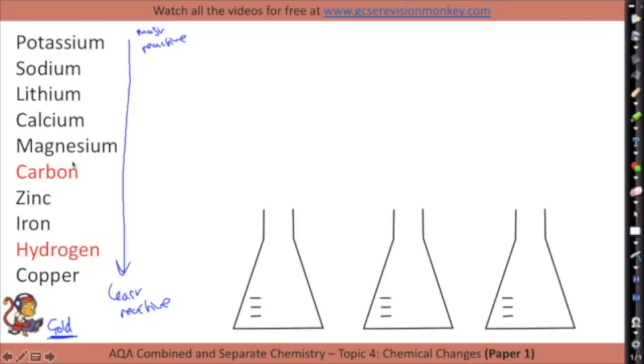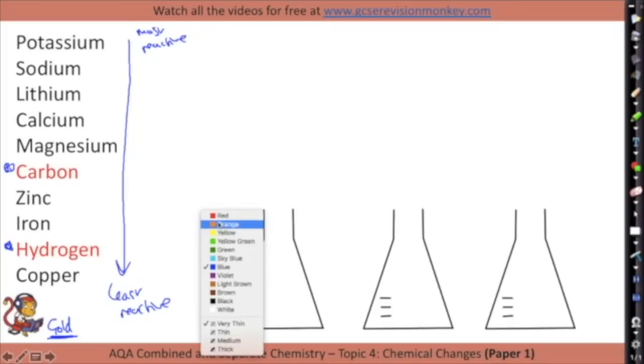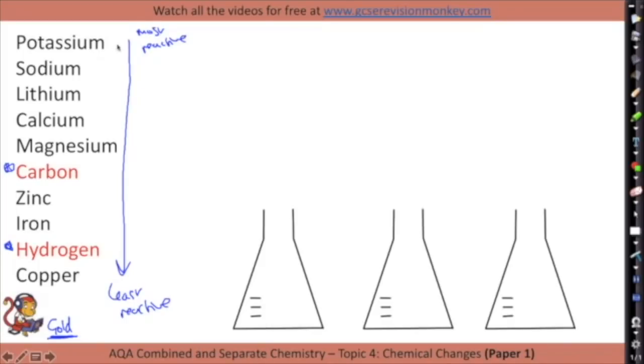Within that list as well, you'll also have two non-metals. You'll have carbon and hydrogen that you need to be aware of. Again, important for metal extraction a little bit later on. You may well be asked to look at some examples of experiments and work out the order of reactivity. For example, if we had some potassium in this conical flask over here, this would react with water quite vigorously.